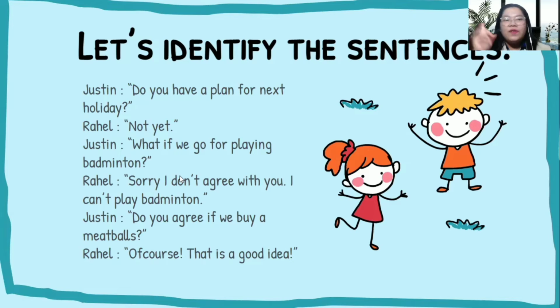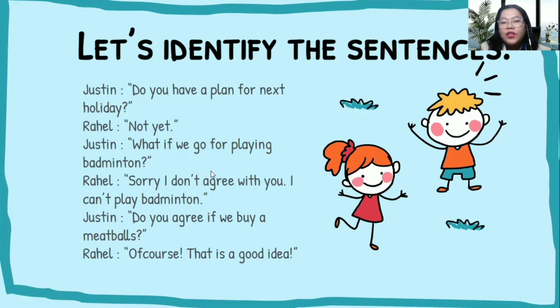Yes, if you answered 2, you are correct. There are 2 expressions in this conversation. The first one is, "Sorry, I don't agree with you." And the second one, "Of course, that's a good idea."